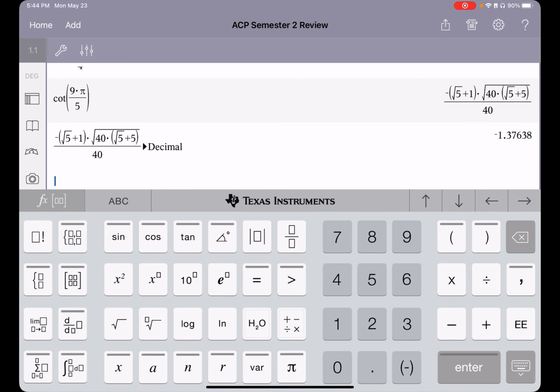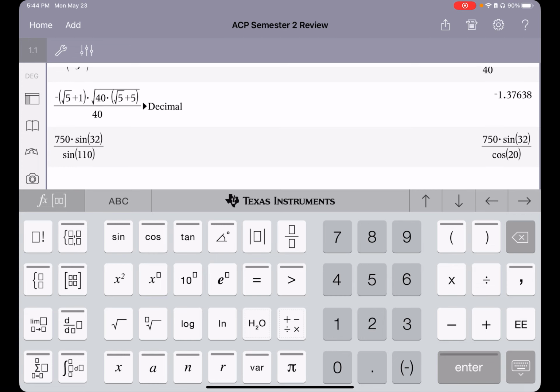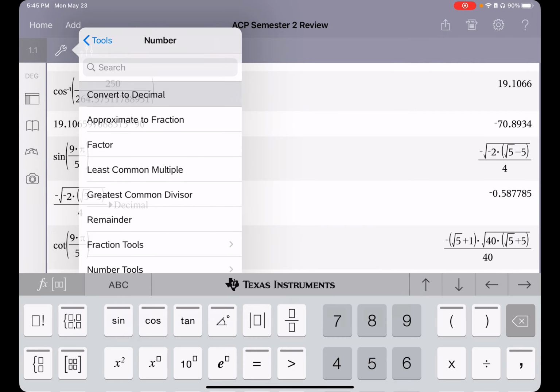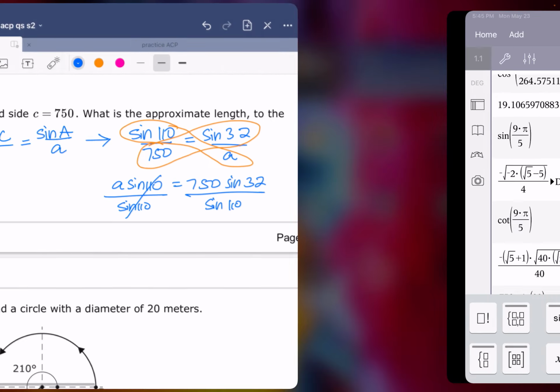So we're in degrees because 110 and 32 are in degrees. Okay, so open up the fraction, and then it's 750 sine of 32 over sine of 110. Press enter. Then convert it to a decimal. You won't have to do this because your calculator just automatically puts it in decimal. So 422.95.